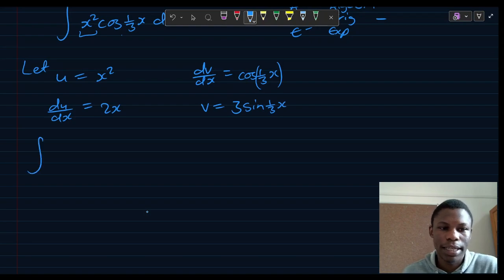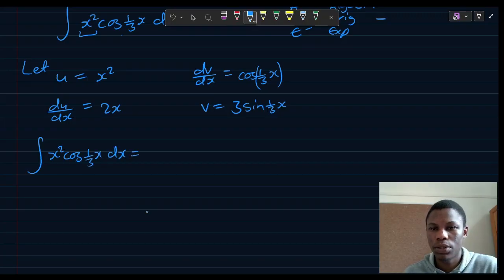So now we have that the integral of x squared cos 1/3 x with respect to x is equal to, from the MF19, we know that the integral of u dv is equal to uv minus the integral of v du.